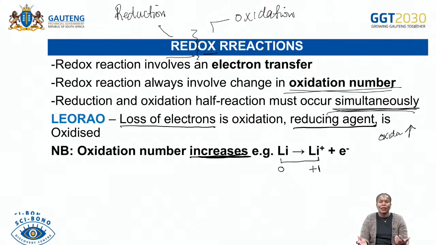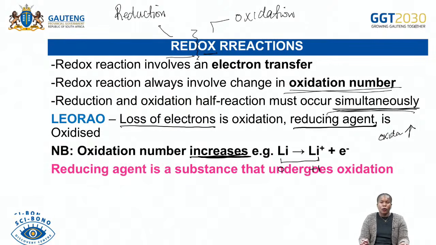Why am I saying lithium here has an oxidation number of positive 1? Because of the charge. This is a monoatomic ion, because there's just one positive at the top, and it's a cation, so it's just going to be a positive 1. What does it mean? It has lost 1 electron. So lithium was 0, but now lithium after is a positive 1. Can you see now there is an increase in the oxidation number.